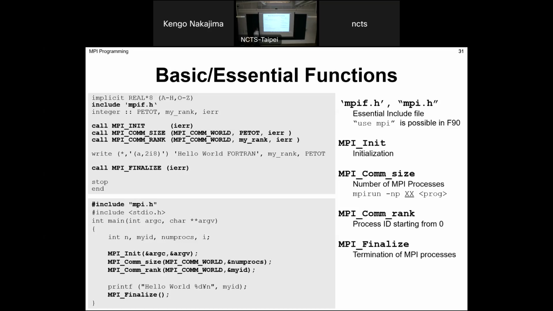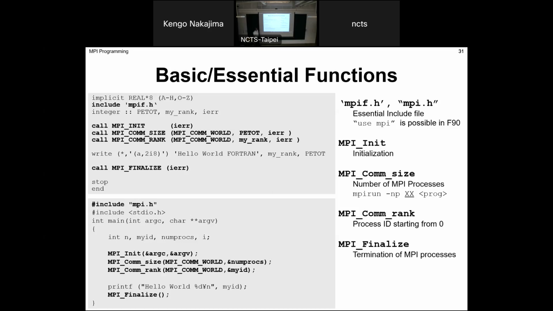These are the essential include files. These include some environmental parameters, and if you are using MPI, you have to include these files. In the case of Fortran, you can apply use mpi instead of include mpif.h.